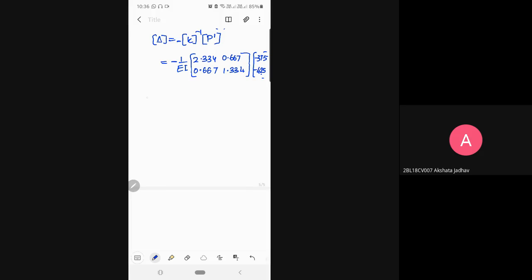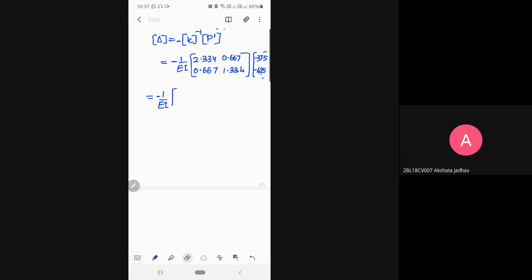Clear? So you have to determine the inverse now. How to determine the inverse of a 2 by 2? A 2 by 2 inverse matrix is simple. Clear? What you have to do is, this is minus 1 by EI. Sorry, 1 minute.